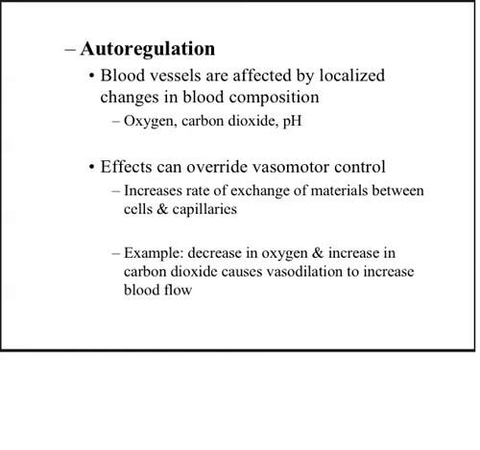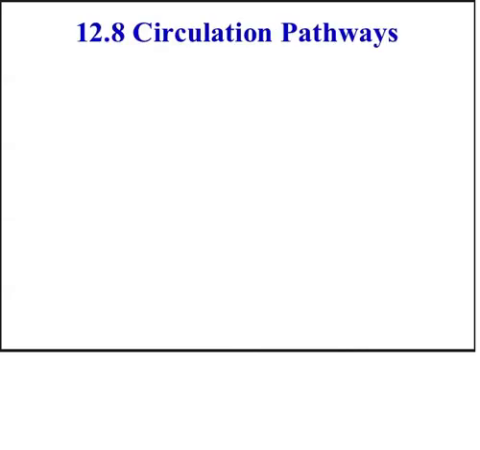As an example, a decrease in oxygen and an increase in carbon dioxide will cause vasodilation to increase blood flow to a particular tissue. And this is important because if we don't do this, we're not going to get the oxygen and fuel we need to make ATP to allow the tissues to remain viable. At the same time, we're not going to remove the waste products quickly enough to not create toxic conditions that could end up killing or severely impairing cellular function.